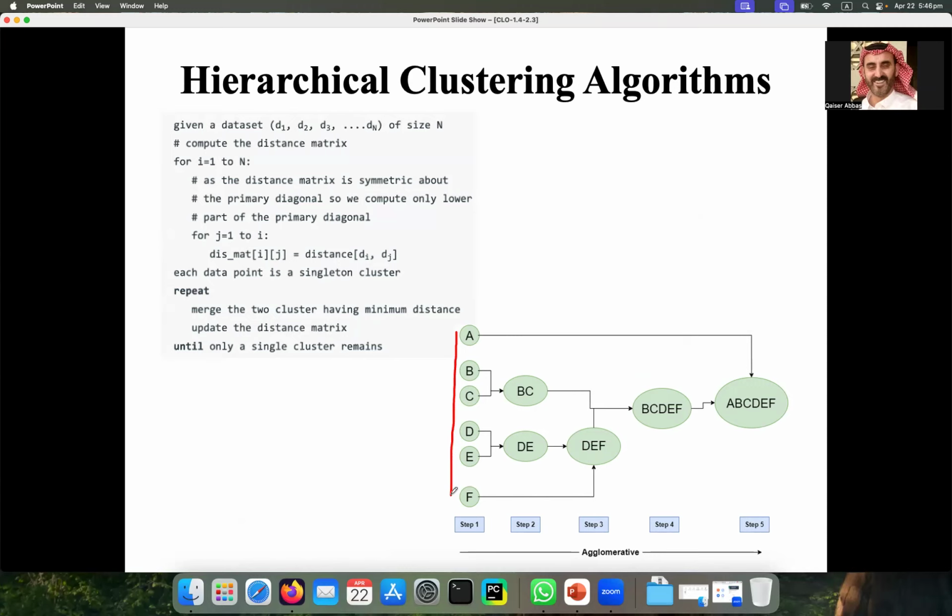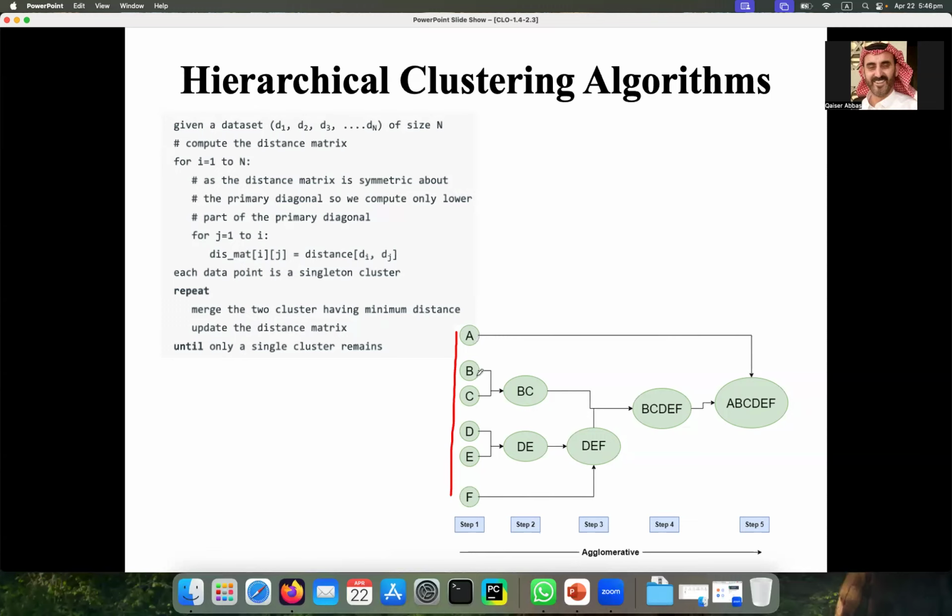You will consider each data point like a single cluster. And then you will calculate the distance, if it is clusters, then they have centroids. And then you will calculate distance for all of these clusters. Based on this distance, whichever two clusters have the minimum distance, you will merge them. So you will make pairs and then you will merge them.